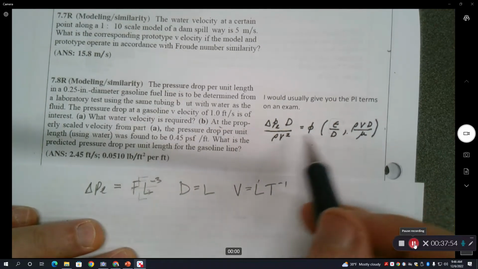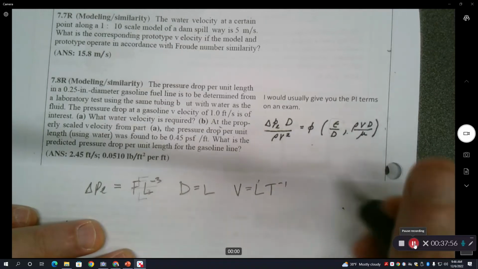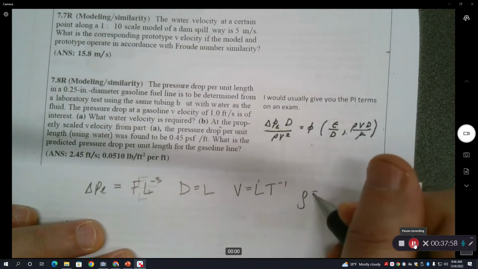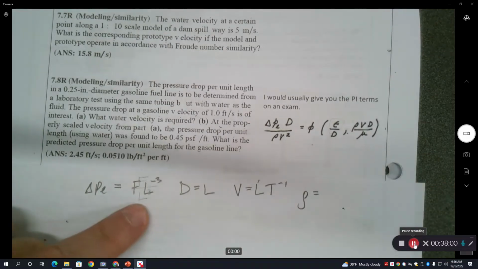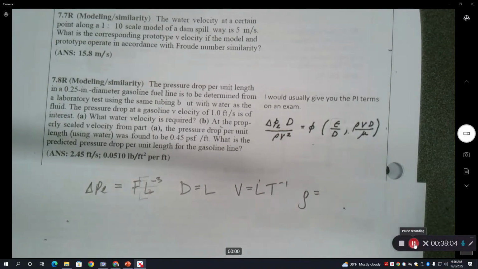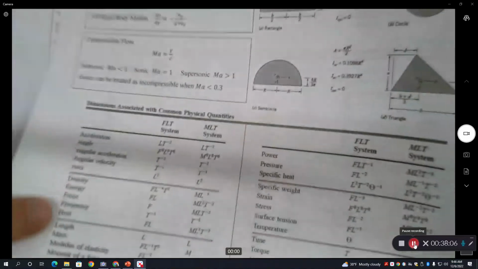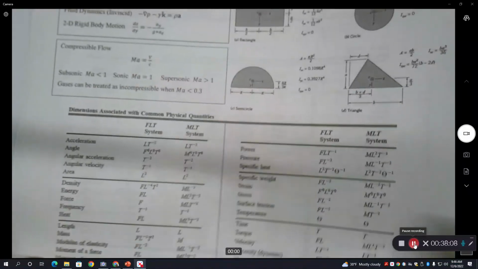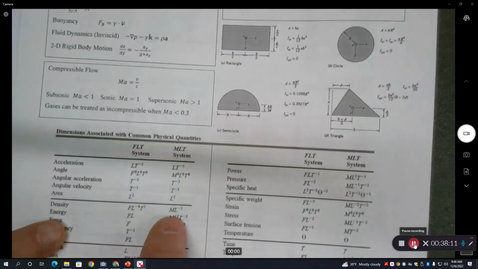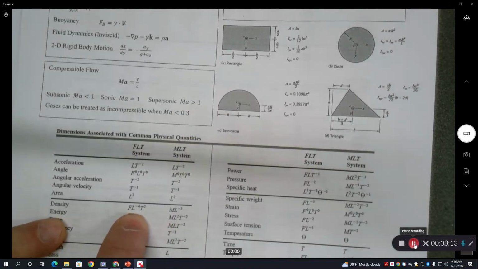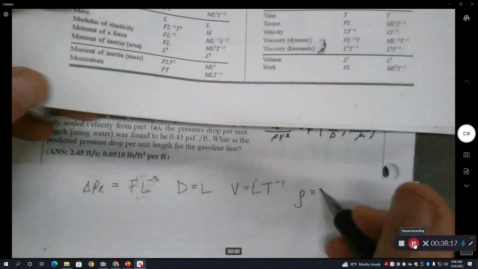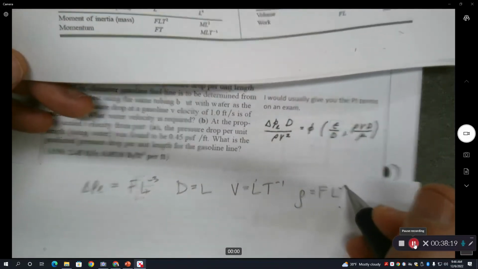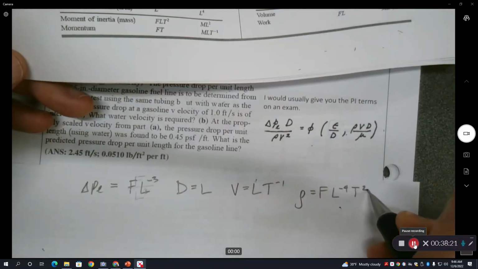We're going to have the density. But remember that we probably want to use F because we already started with an F right there. So we use FLT. Density is not one that we normally would be able to recall. That's going to be FL^-4 T^2.